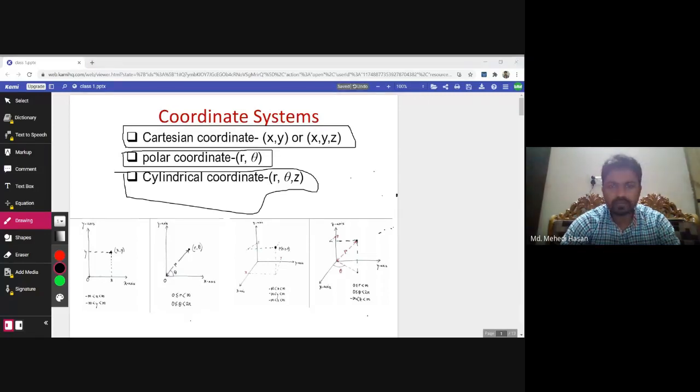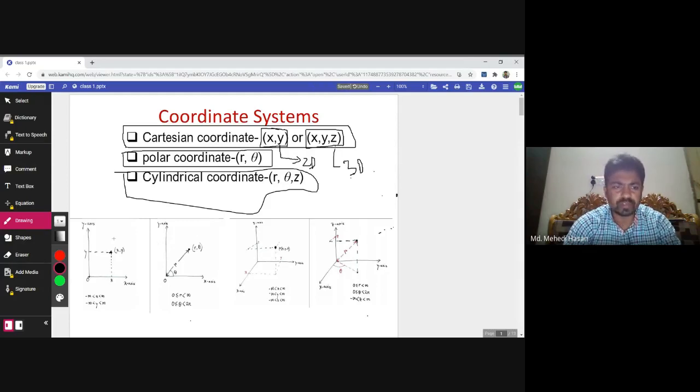We will discuss cylindrical briefly, but Cartesian and polar coordinate systems are important here, so we will cover them in detail. The Cartesian coordinate system is 2-dimensional and also 3-dimensional. In 2 dimensions, the coordinate is described by xy, and in 3 dimensions by xyz, and all the axes are perpendicular to each other.